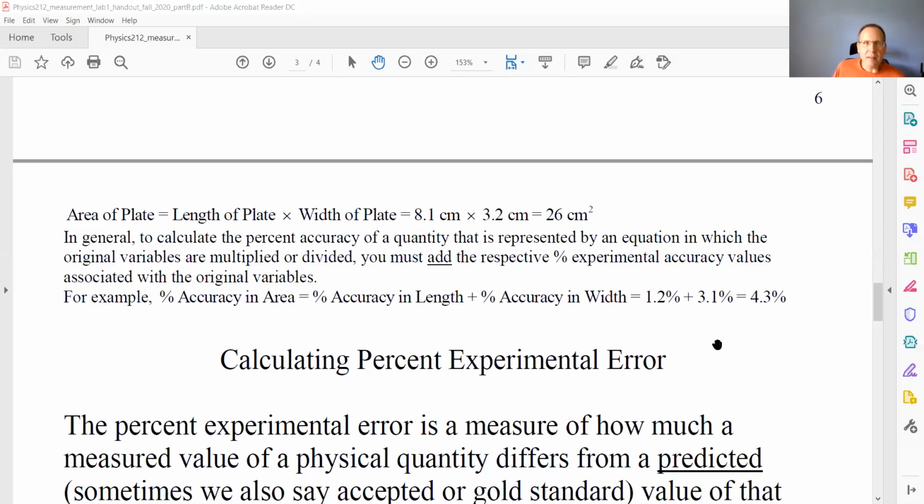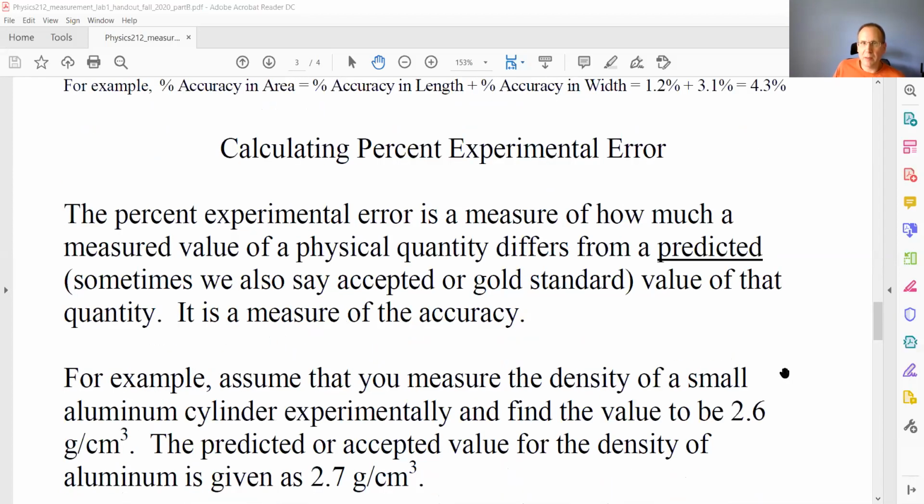Now, the other type of error calculation that you're going to be making many times throughout this course in many of the labs is something called percent experimental error. And again, this is when you want to compare your experimental value, sort of like your average experimental value, to a predicted or gold standard or accepted value.